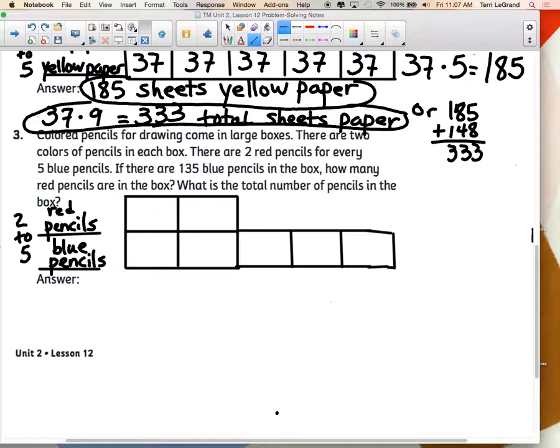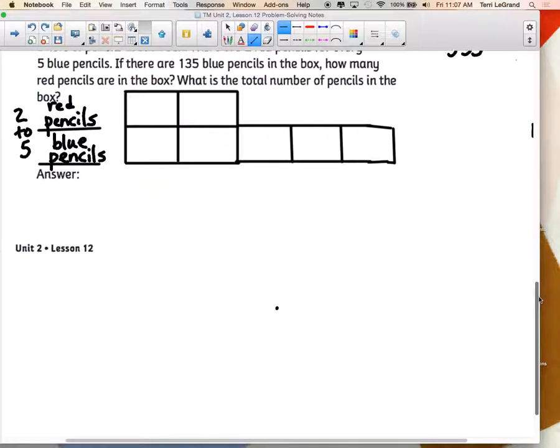Once you have your tape diagram made, then go ahead and keep working. There's 2 answers to get again. If we all agree when we're done.